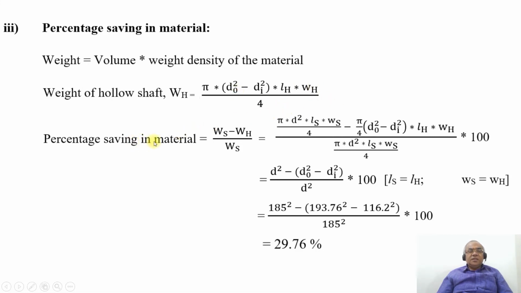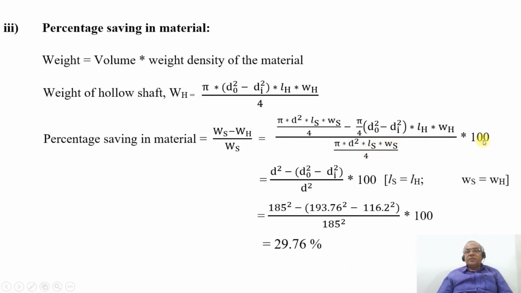So the percentage of saving in material will be equal to W_s minus W_H by W_s. That is pi d square by 4 into L_s into w_s minus pi by 4 into d naught square minus di square into L_h into w_h, the entire thing divided by pi d square by 4 into L_s into w_s, into 100.